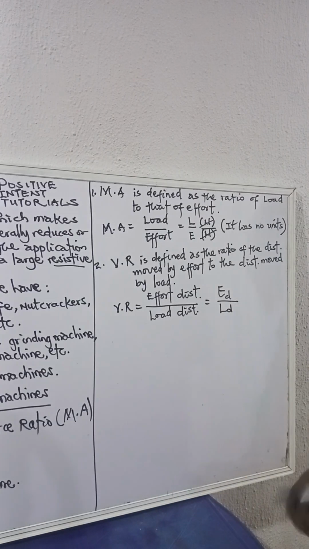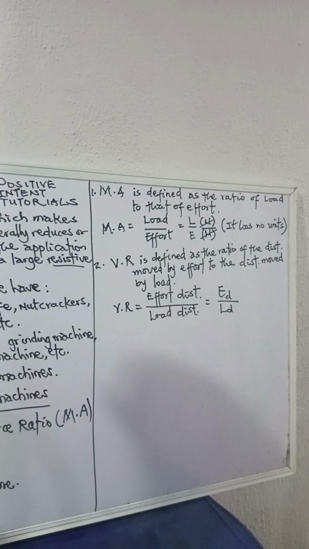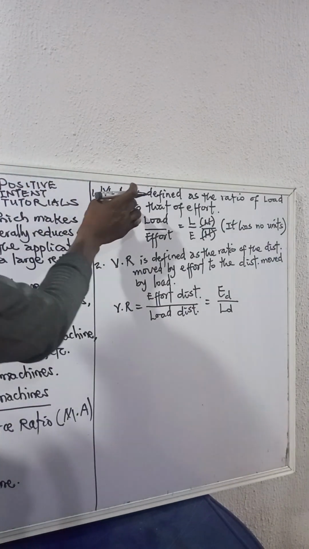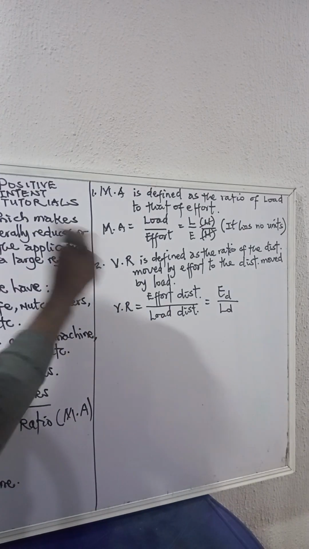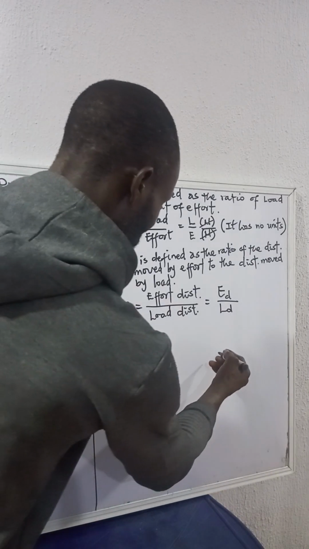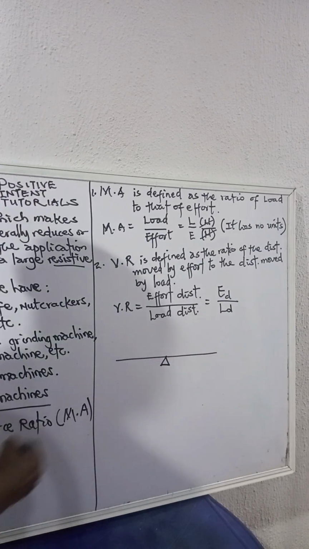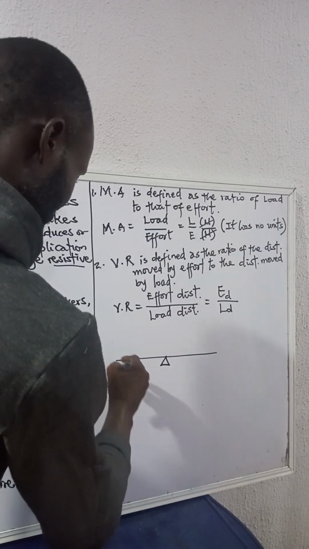So I would like to use a diagram to illustrate this two perfectly. So let me use a lever to illustrate how we easily memorize what mechanical advantage and what velocity ratio are.